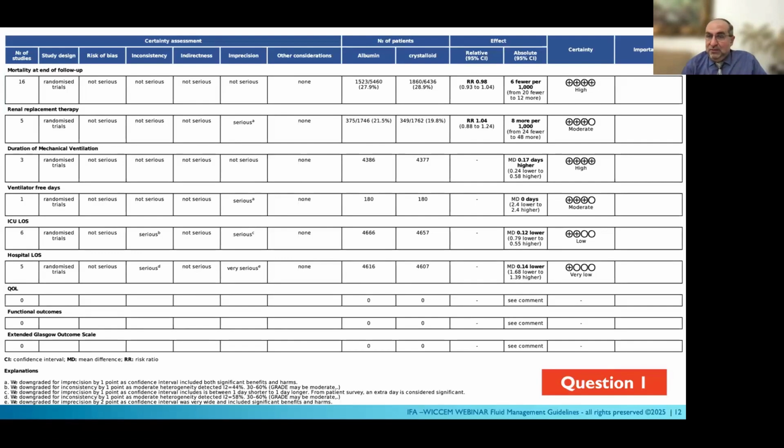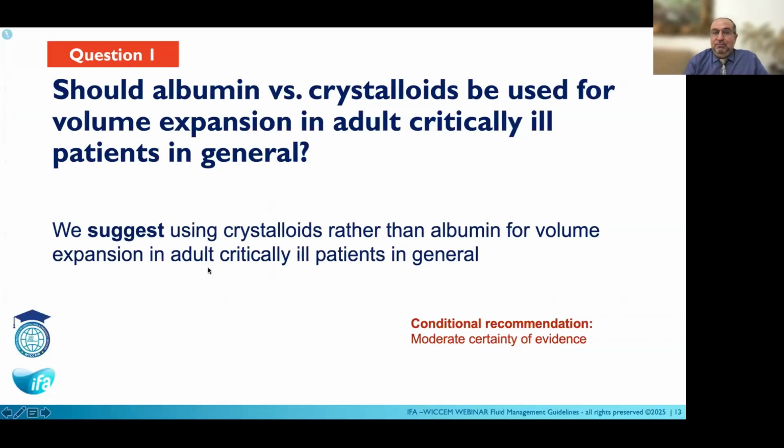Albumin may not be available in many places, and in places where resources are low, the wide use of albumin could deprive other patients of healthcare resources, so there's an issue of equity. Taking this into consideration, the panel made a recommendation, or suggestion, for using crystalloids rather than albumin for volume expansion in adult critically ill patients. This was a conditional recommendation based on moderate certainty of evidence.